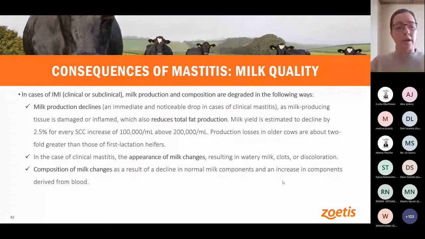Right, so we've just spoken about the components of the milk, and when there's an intramammary infection, it can also result in a decline or a shift in the normal milk components and an increase in components derived from the blood, because the animal's immune system is trying to protect the udder.